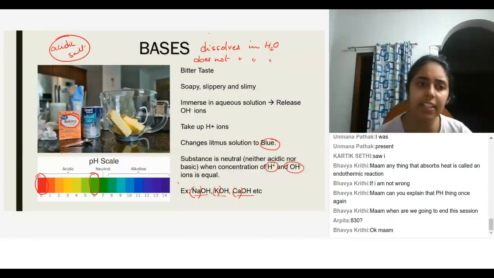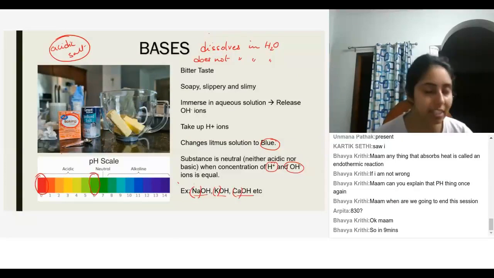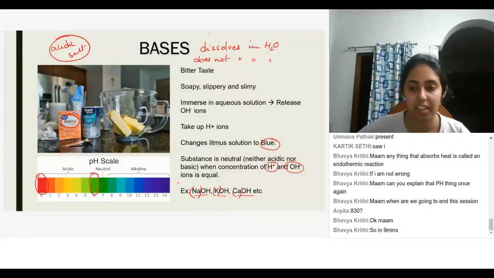No, salt has nothing to do with the acidity of an acid. Okay, so the acidity is only determined by the concentration of H plus ions. Ma'am, salt came from a neutralization reaction, so I thought that. Okay, that is fine, no problem. Okay, good. Let us proceed.